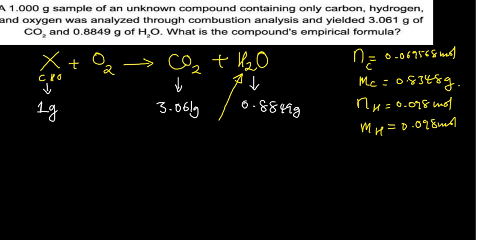So to find out the mass of oxygen, it will simply be the total mass of the compound, that is 1. We are going to remove the mass of carbon that has been converted. The mass of carbon we have got 0.8348, and then we are also going to remove the mass of hydrogen, which is 0.098. So someone can punch that, we see the value we are going to get.